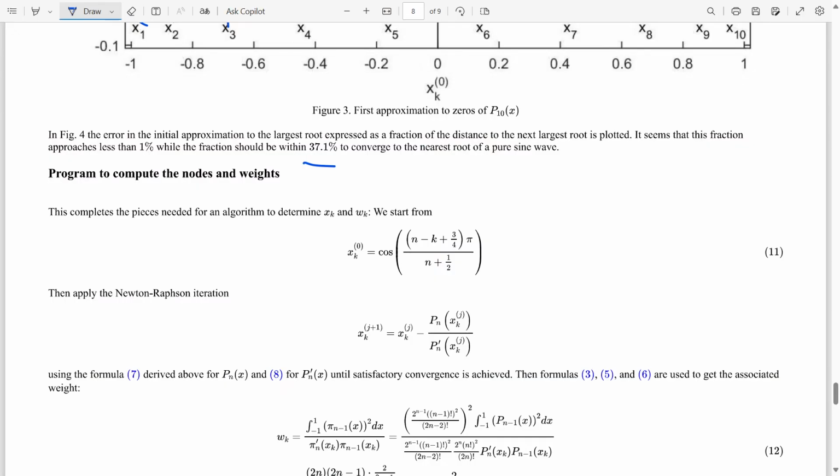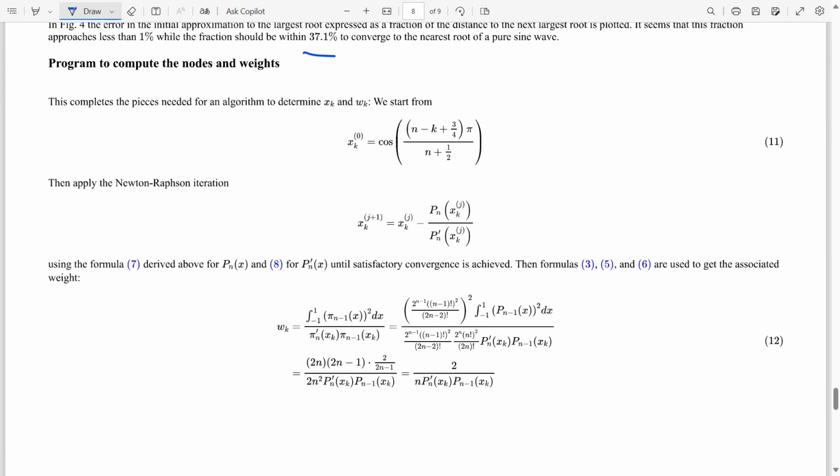Now we have all the math necessary to write a little program to perform Gauss-Legendre quadrature. We have already developed our initial approximation to the roots. We have recursive relations for P_n(x) and P_n'(x). So we can apply the Newton-Raphson method to refine these roots to within machine accuracy.